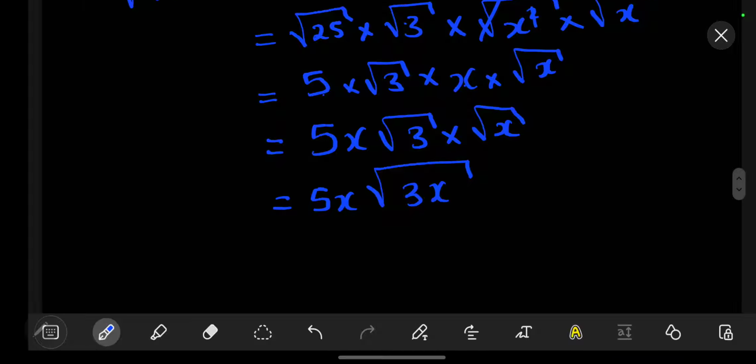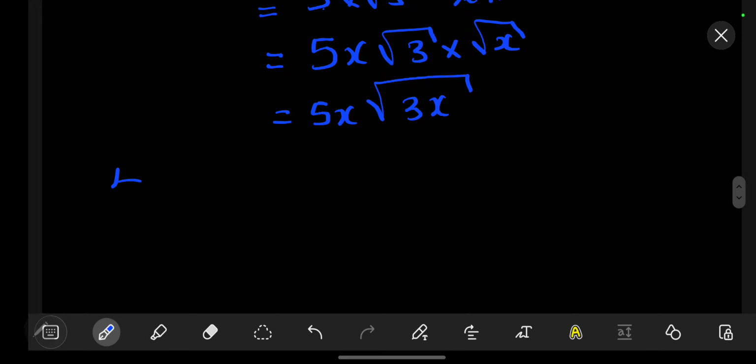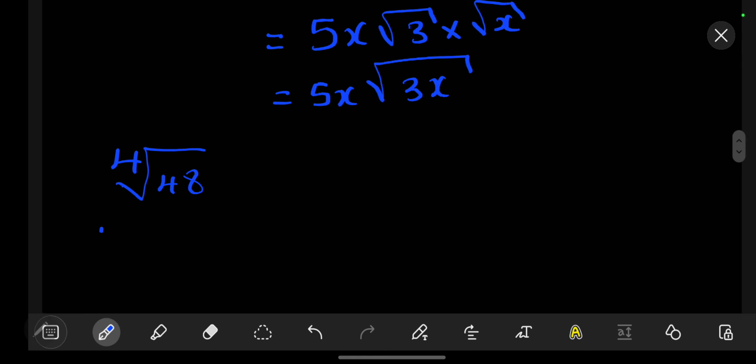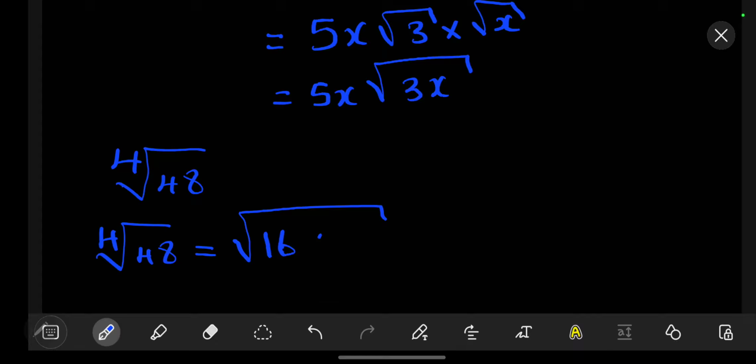So let's say we have the fourth root of 48. If we have the fourth root of 48, the approach is the same. We look for a number that has a perfect fourth root. In this case, we can use 16 times 3. 16 times 3 will give us 48.